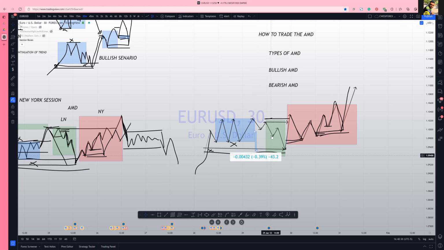So we have this manipulation retracement. This is the manipulation retracement. Then it started forming a high for the distribution session.